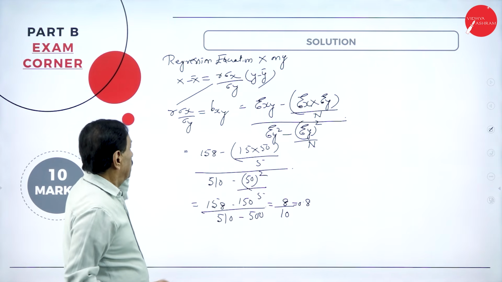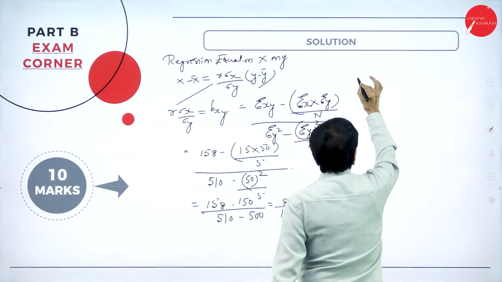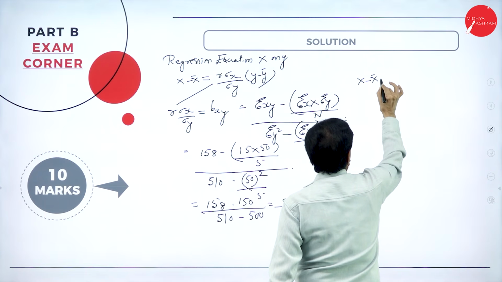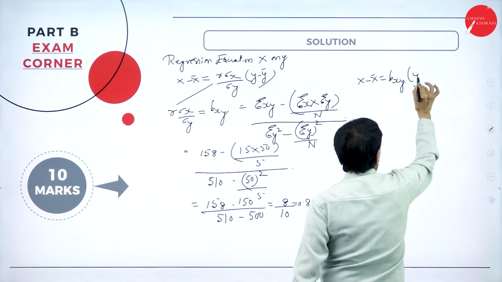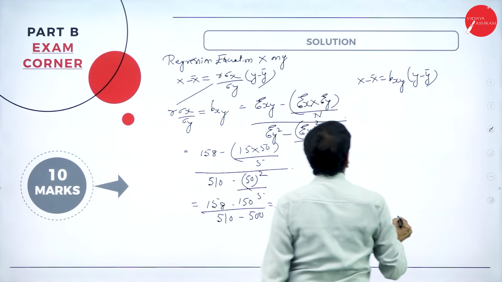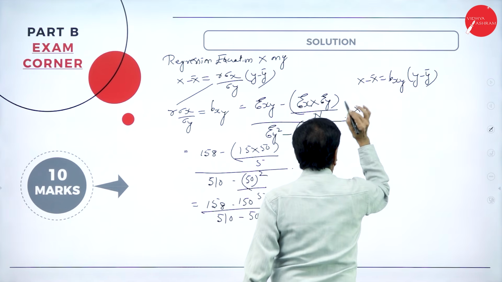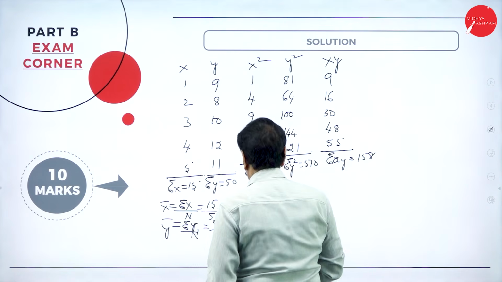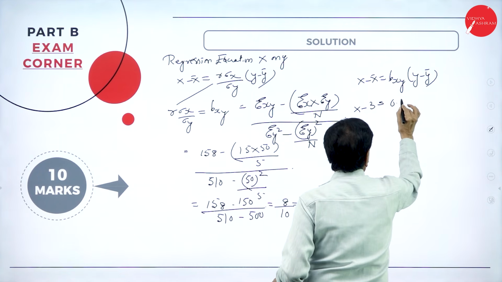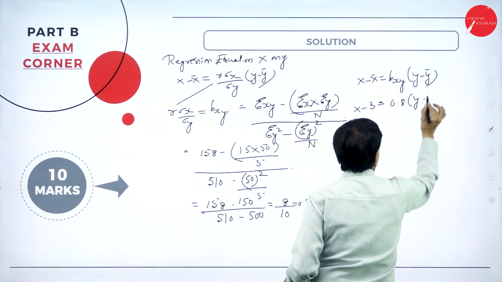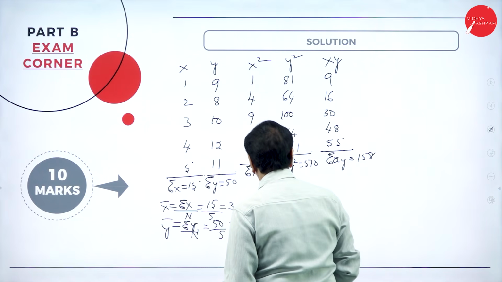This will come here. Now, formula: x minus x mean is equal to bxy into y minus y mean. What's your x mean? 3. What is bxy? 0.8. What's your y mean? 10.